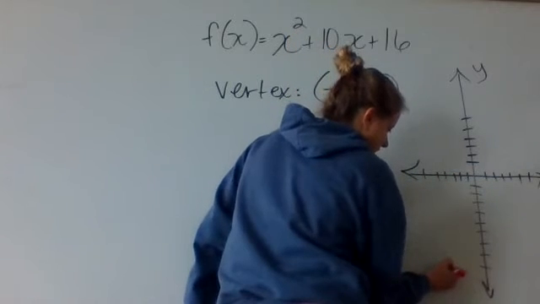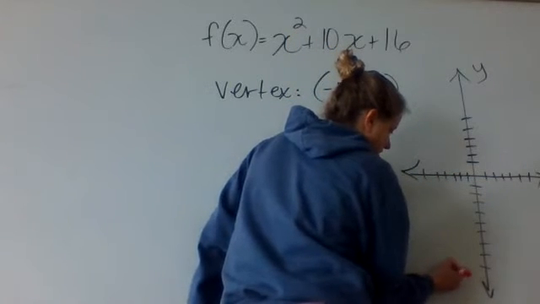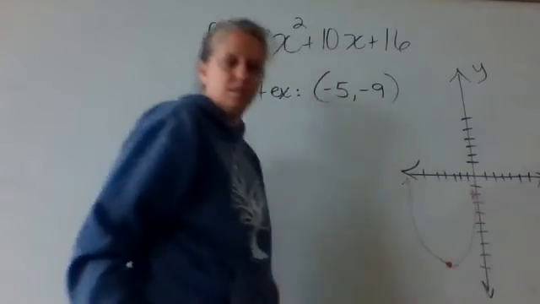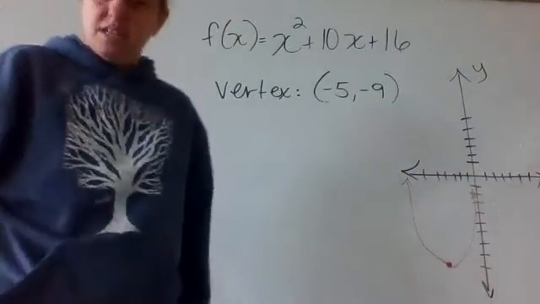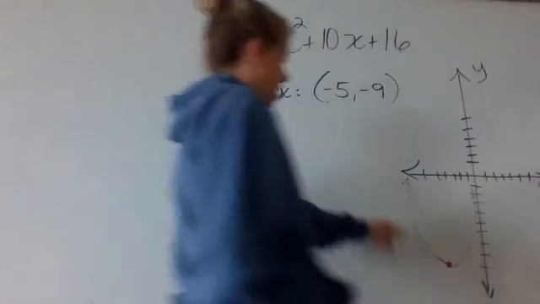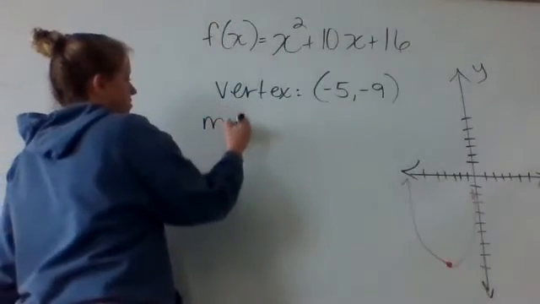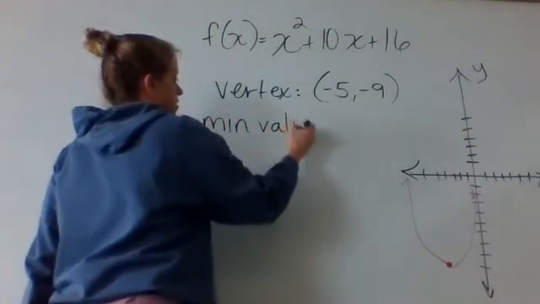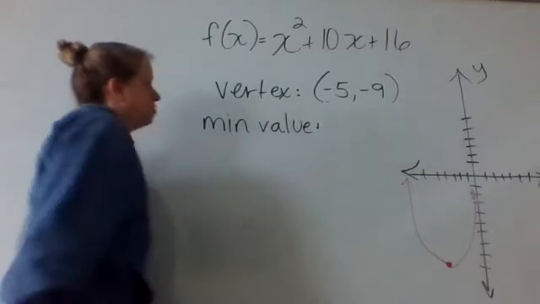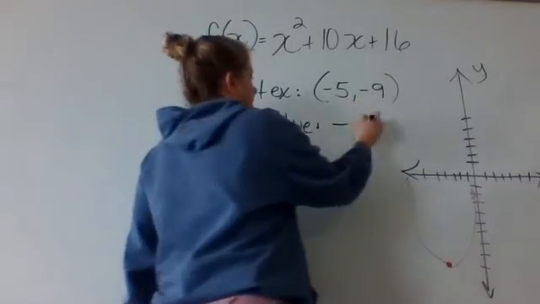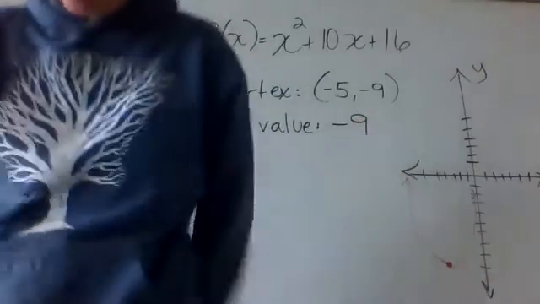And then down 9. So here's my vertex. Here's my parabola. So it does have a minimum, right? Since it's a right side up parabola. So it's going to have a minimum value. And where does the minimum value come from? This y number, so negative 9 is the minimum value.